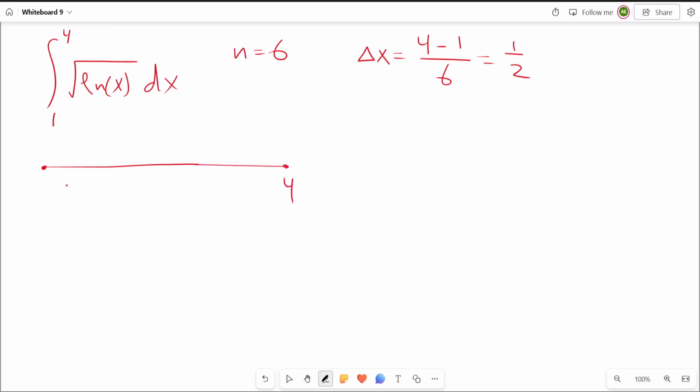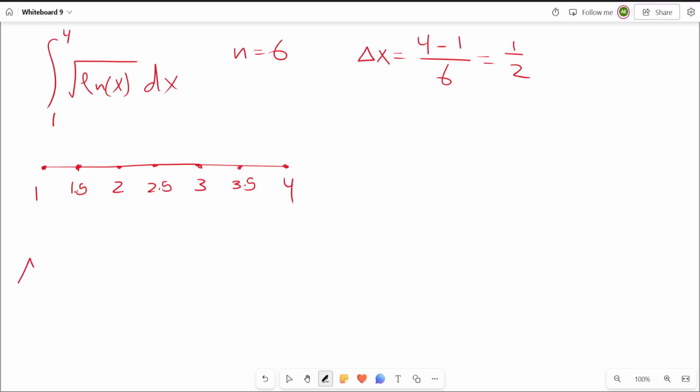So this is 1, 1.5, 2, 2.5, 3, 3.5, and then 4, and this is how we divided it into 1, 2, 3, 4, 5, 6 equal intervals.